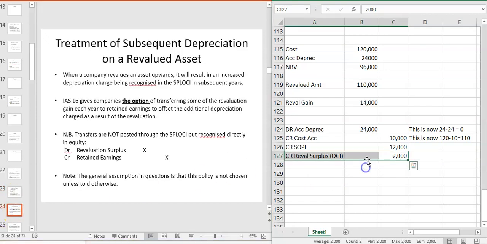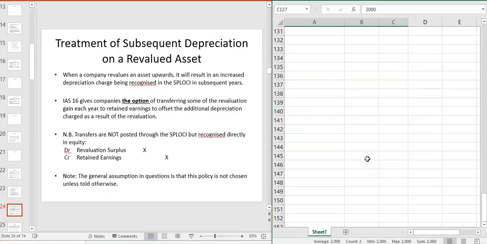The other key thing to watch for here is a little rule or provision in IAS 16. When a company revalues an asset upwards, it will actually have larger depreciation because you're depreciating a larger amount. So essentially you're actually worse off in the P&L because your depreciation expense has gone up. So IAS 16 gives you the option. Now it's not a requirement. You have the choice if you want to or not. You can transfer some of the revaluation gain from the reval surplus to retained earnings each year.